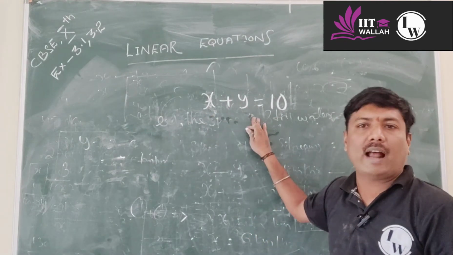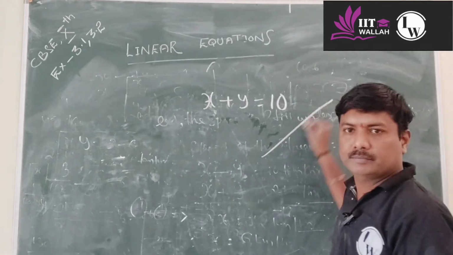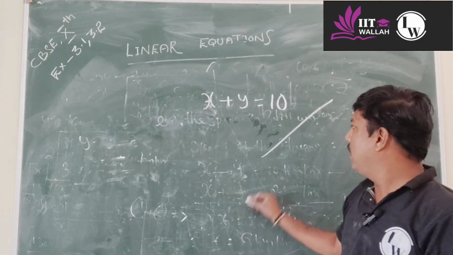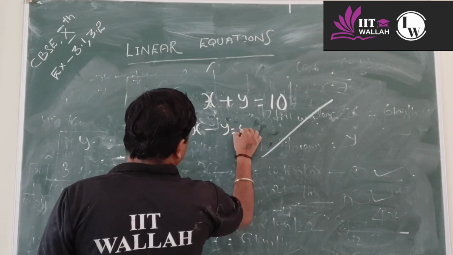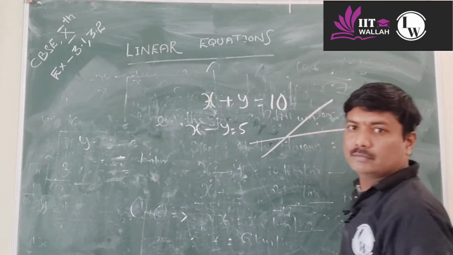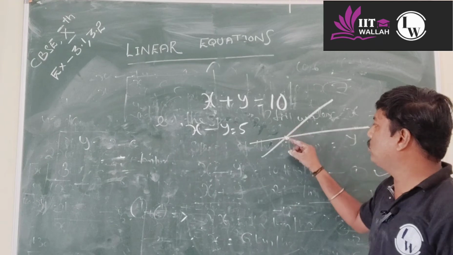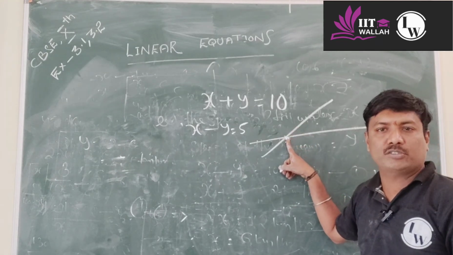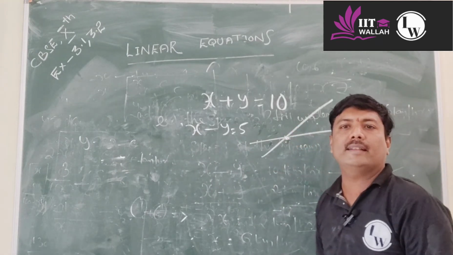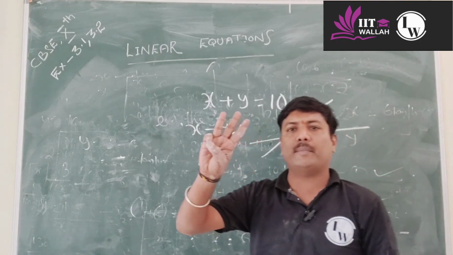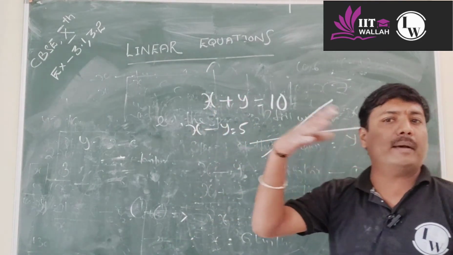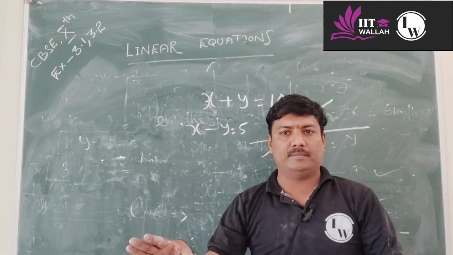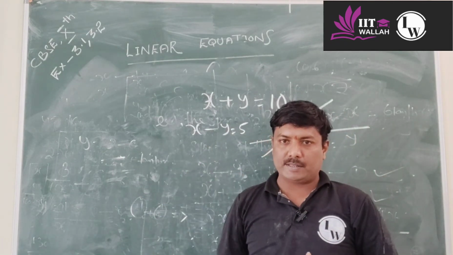If you draw the graph, you will get a straight line. And if you draw the graph of another equation, you will get another straight line. And this point is the solution, the graphical solution. And if you want to find the algebraic solutions, there are three methods: elimination, substitution, cross multiplication. Those three methods we already discussed very clearly. I hope you don't have any doubt in that.